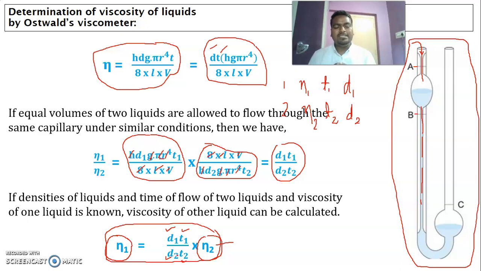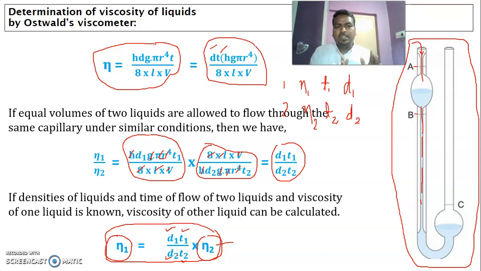Dear students, this experiment is very simple. In this experiment we are going to take two liquids. Using one liquid we cannot identify the viscosity coefficient, so we need two liquids: one unknown liquid and one known liquid. We take equal volumes of the two liquids.